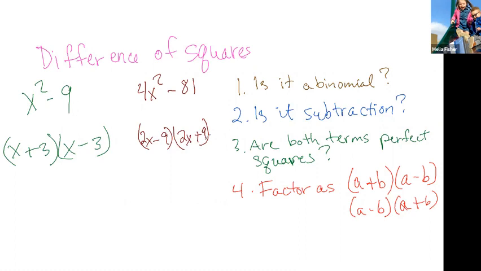Ta-da. Okay, here's your try-its. I'm going to give you a couple of try-its. x squared minus 64. That's your first one. And your second one is 9x squared minus 100.